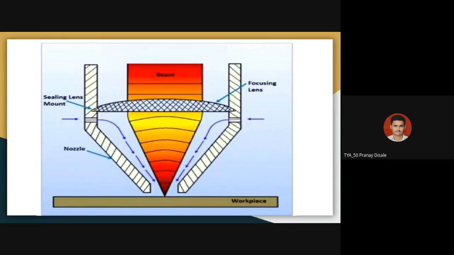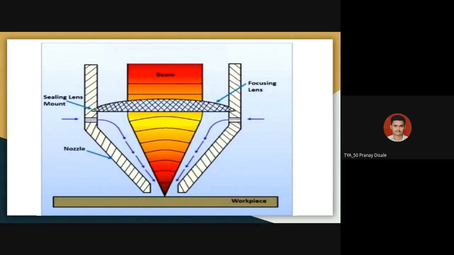So for that purpose we are using the assisting gas. So this is about how we have produced that laser, that is, stimulated emission from the atoms, and how we have used that stimulated emission, meaning the laser beam, to remove the material.